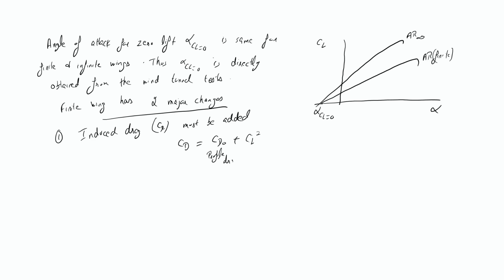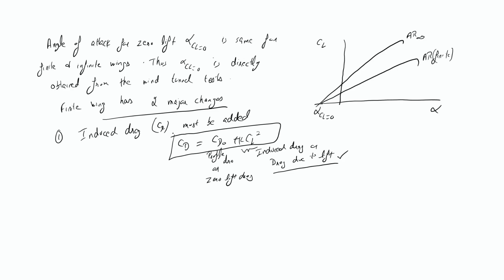Please do not forget these names, profile drag or zero lift drag. And this is K CL square, and this is the induced drag, or drag due to lift. As I explained previously as well, nothing is free in this life. You get lift, there will definitely be drag. Alright, CD equals CD0 plus K CL square. Please remember this drag polar equation.